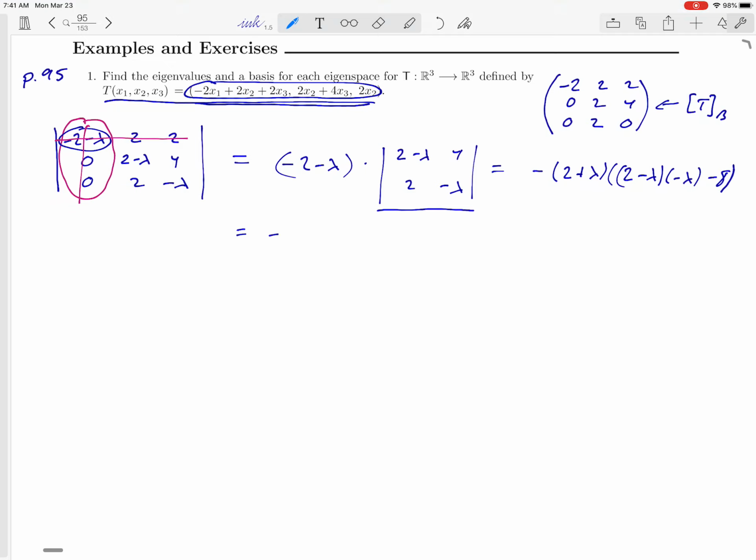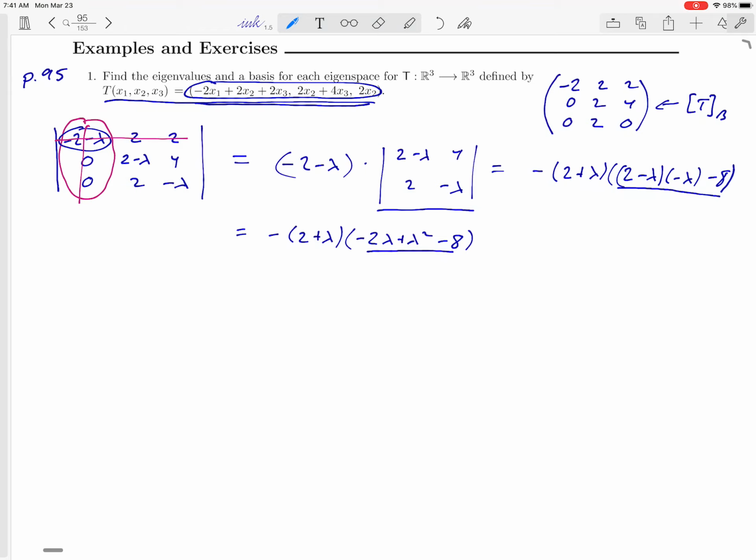We'll need to do a little bit of algebra here. Moving to the next line, we've got negative 2 plus lambda. We'll multiply out what we're seeing inside the parentheses, so that's going to be negative 2 lambda plus lambda squared minus 8.